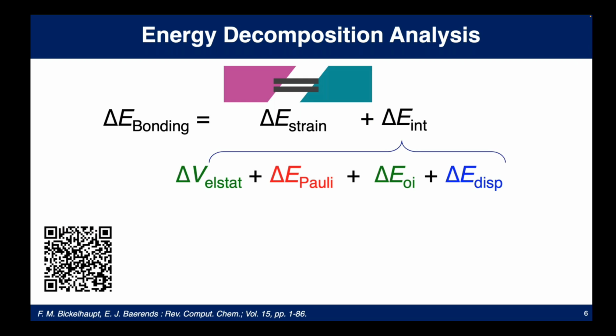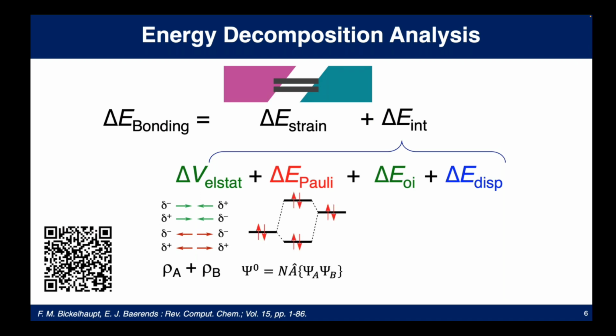That is the electrostatic interaction, which is just the attraction between the two unperturbed charge densities of the monomers, between the electrons and the nuclei. You have the Pauli term, for obeying the Pauli principle, so the repulsive, destabilizing interaction between the occupied orbitals.